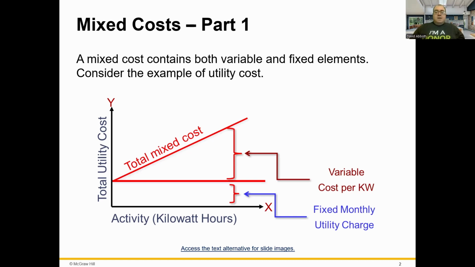But the variable portion might be a little bit less because we were gone. There were three days that we didn't use water. So that may be a little bit less for that month. But the fixed cost is going to be the same regardless.